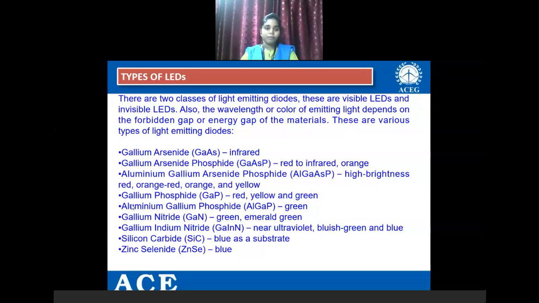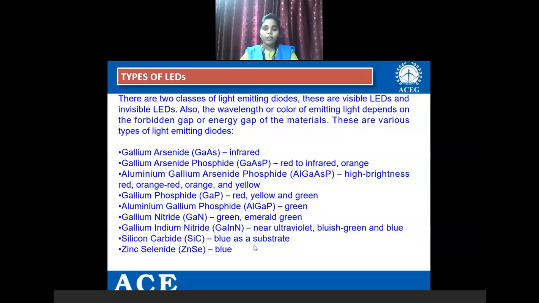Now the next one is gallium phosphide, GaP. It will emit red, yellow and green. Aluminium gallium phosphide gives green. Gallium nitride gives green, emerald green. Gallium indium nitride gives near ultraviolet, bluish green and blue.